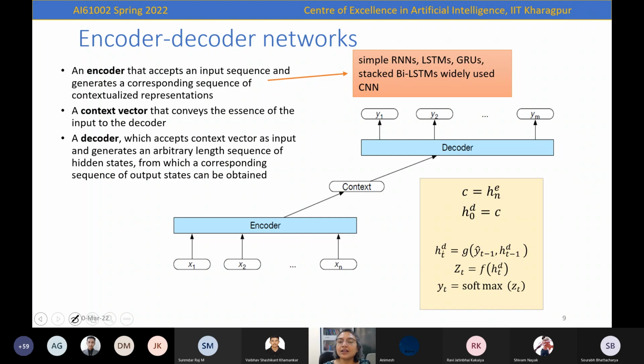So for the encoder, if you have a sequence, then you can use RNN, LSTM, GRU, etc. For example, you can use multi-layer RNN, multi-layer LSTM, bidirectional, etc. So bi-LSTM stands for bidirectional LSTM. If your input is an image, you can even use a CNN.